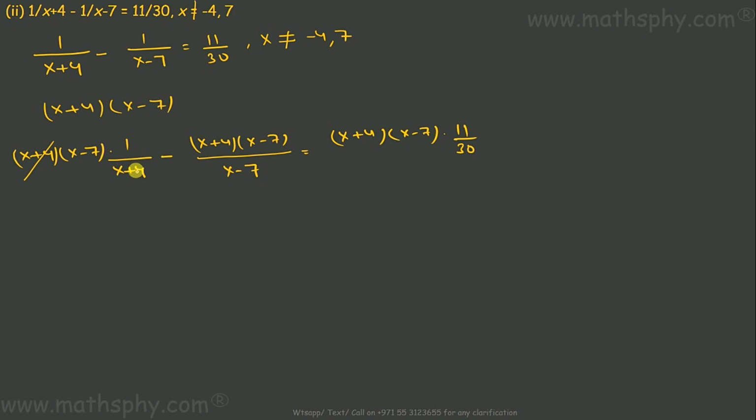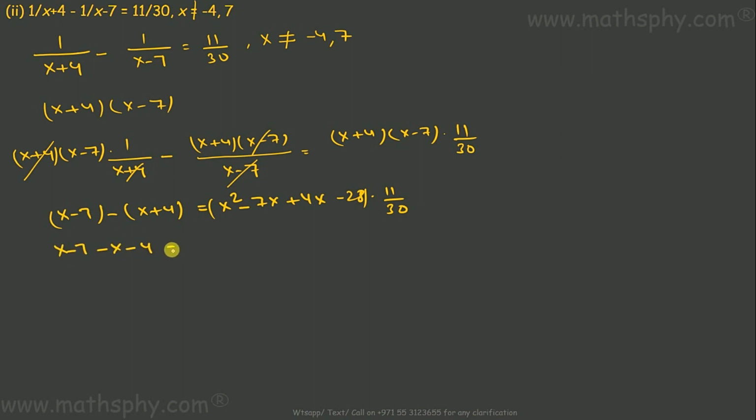So this is gone, this is gone. x minus 7 minus x plus 4 equals, this will be x squared minus 7x plus 4x minus 28 into 11 over 30. So this will be x minus 7 minus x minus 4 equals x squared minus 3x minus 28 into 11 over 30. This is cancelled.